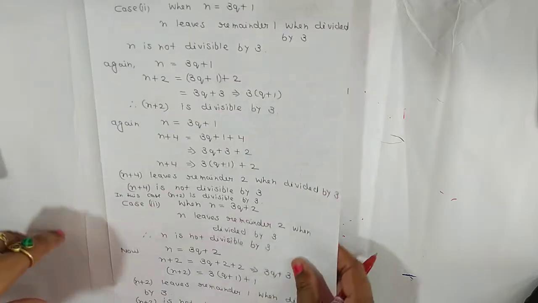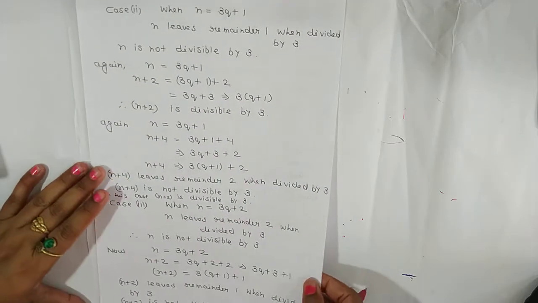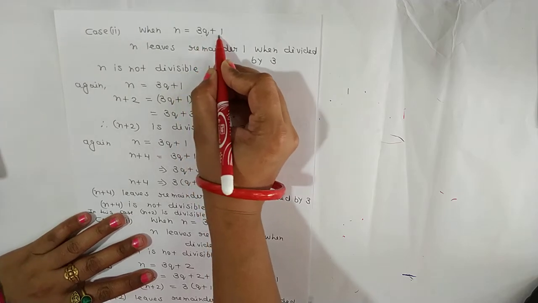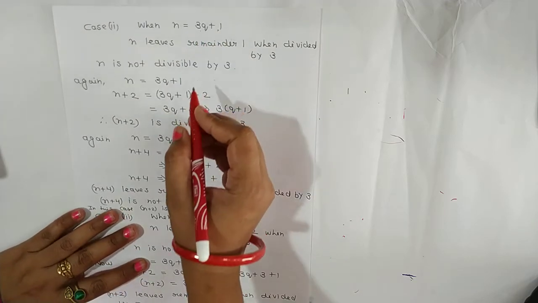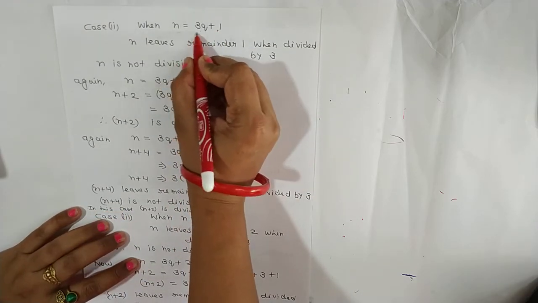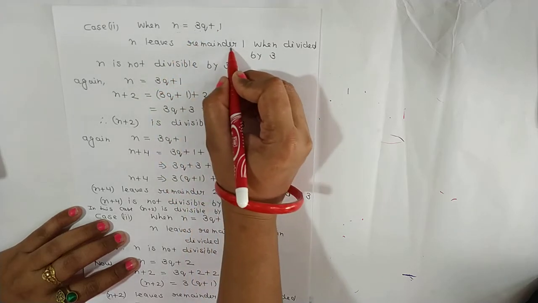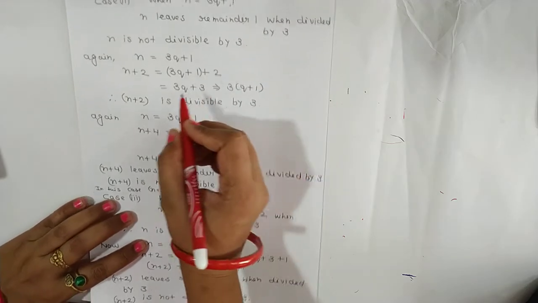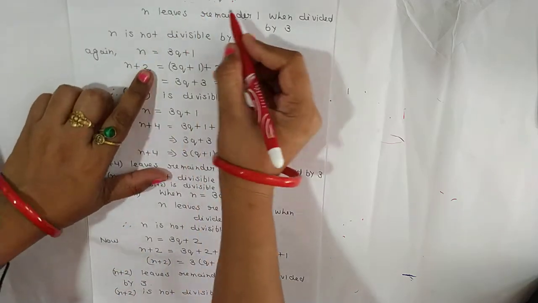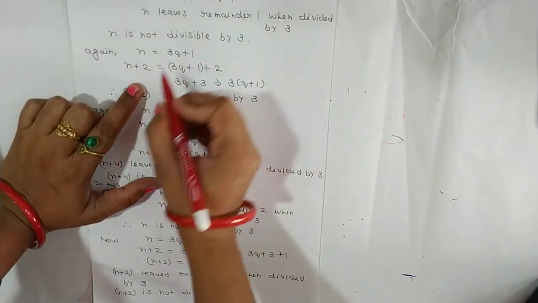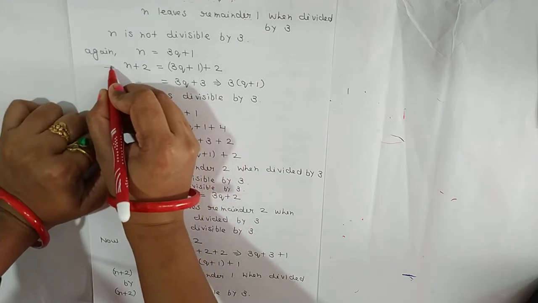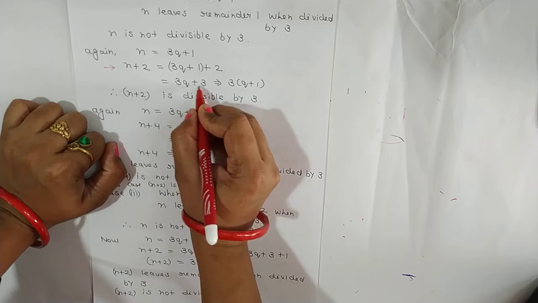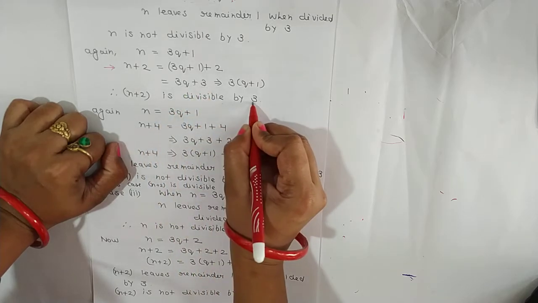Then take another case, when n is equal to 3q plus 1. Okay, so when it is divided by 3, the remainder will be 1. So we can say that n is not divisible by 3. Then adding 2, n plus 2 becomes 3q plus 3, which means it is divisible by 3.